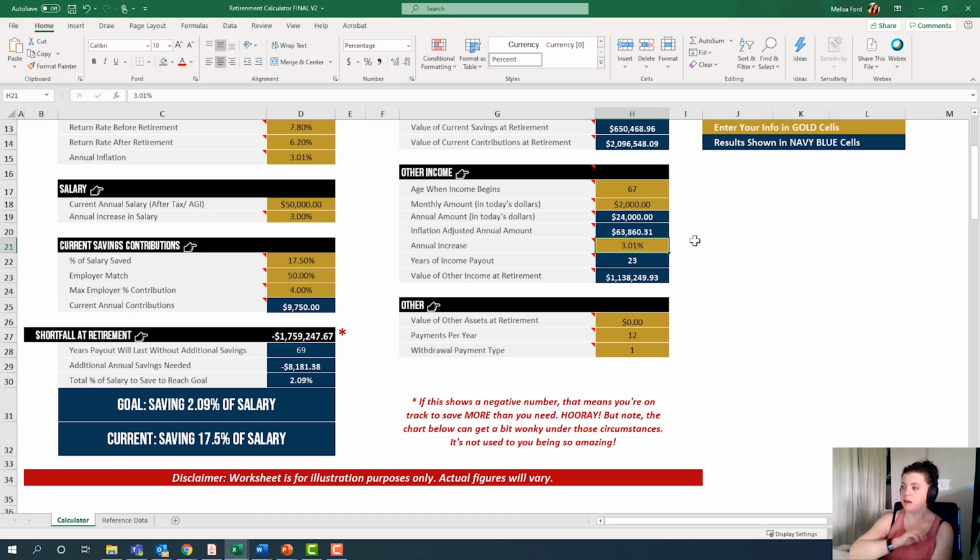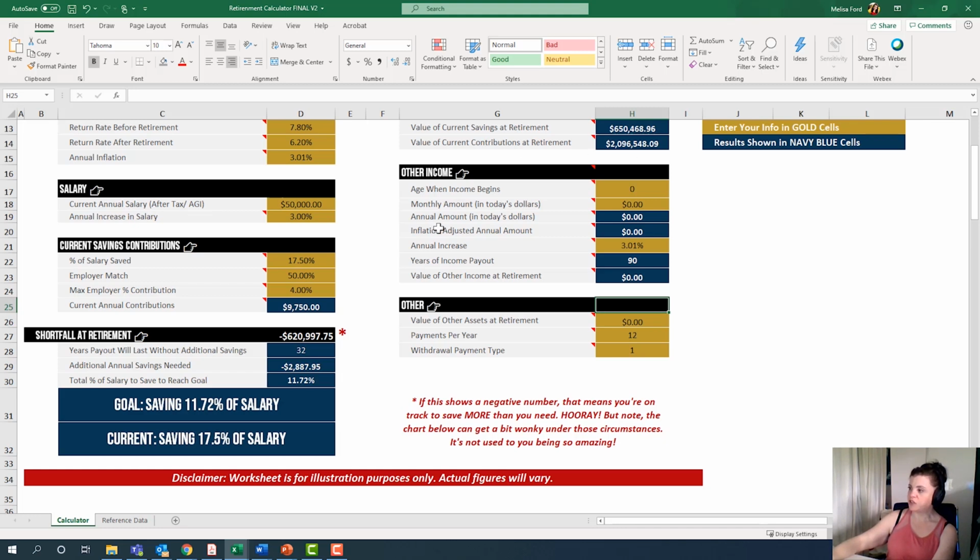So we never really know what that annual increase is going to be, but I've put it in here to be aligned with the rate of inflation that I expect. Then this will automatically calculate how many years that income will be paying out and the value of that total income at retirement. Like I said, I am not going to put this in for myself, and I'm going to take it out for our example person as well. So I'm going to zero those things out so it's not counting on us having that in retirement.